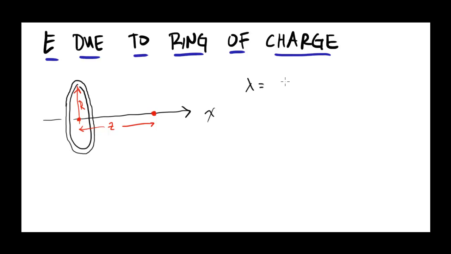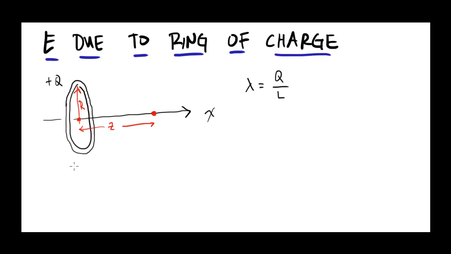Lambda is just the amount of charge Q, as I'm going to imagine this ring has a positive charge Q, so the charge density would be Q divided by L, where L is the circumference, the linear length around this ring.